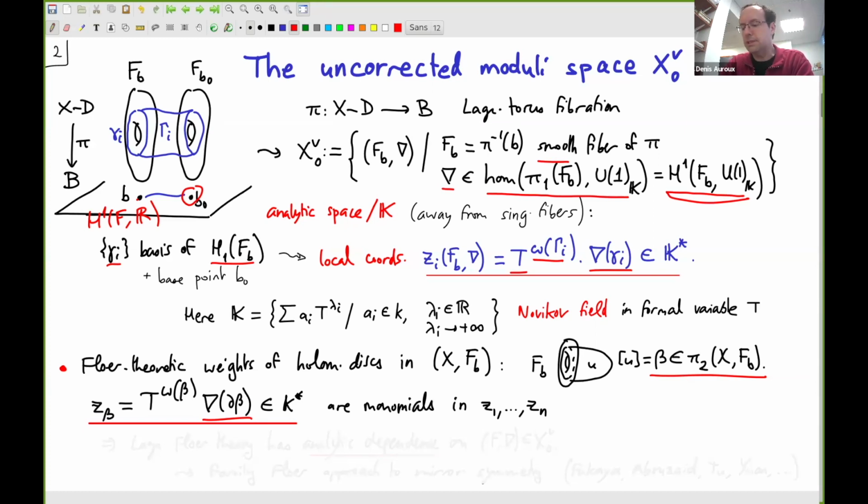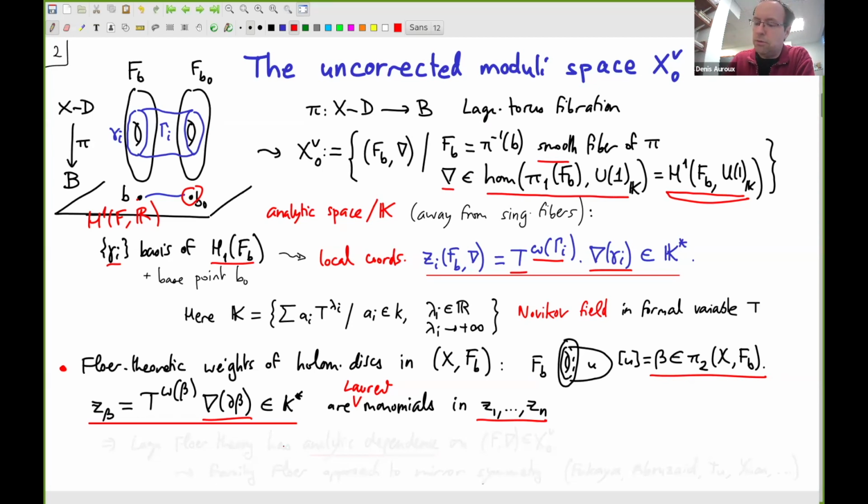And these quantities are automatically monomials in my local coordinates z_1 through z_n. Sorry, I should have said maybe Laurent monomials. Right? The exponents of z_1 to z_n have to do with how you take the boundary loop of your disk and you expand it in the given basis of H_1.